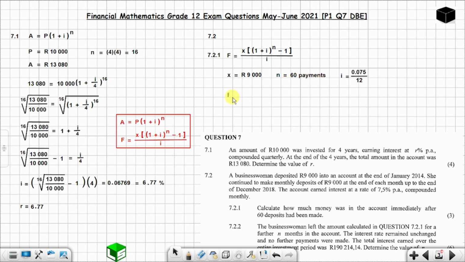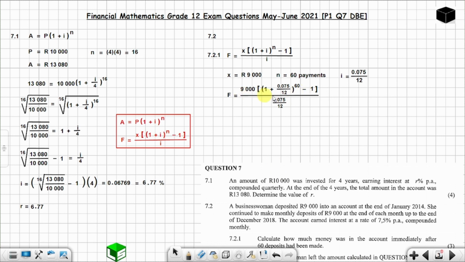So F is equal to, you plug what you have in there, you have this, plus I. This is I. Okay, you close the bracket, to the power of N, N is equal to 60, minus 1. You close the square bracket over I. I is equal to this. Okay, so plug everything in your calculator and get the answer.